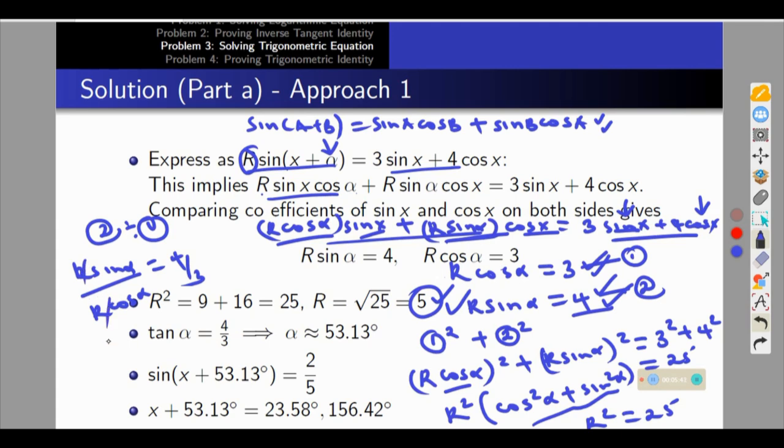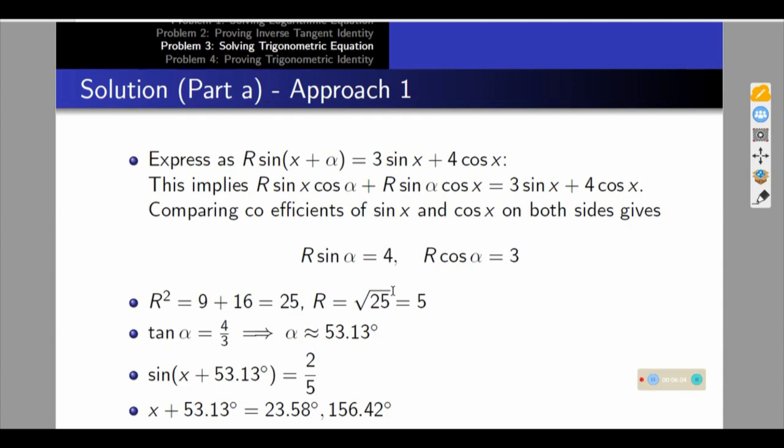Sine alpha divided by cos alpha is tan of alpha. So tan alpha is 4 by 3, and alpha is tan inverse of 4 by 3, which is approximately equal to 53.1 degrees. So from there, we realize that we have got the value of r and the value of alpha.